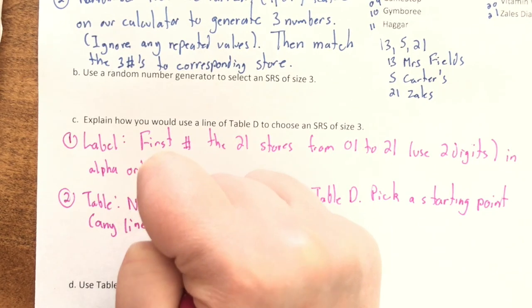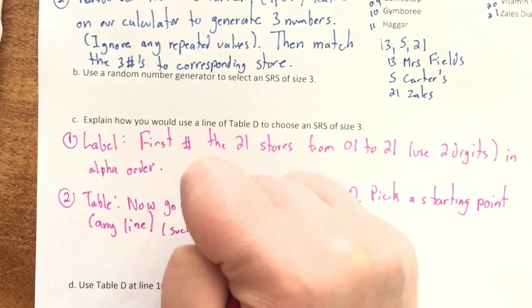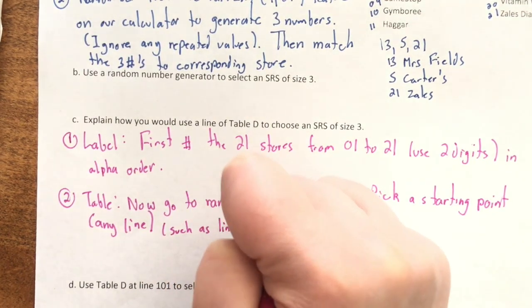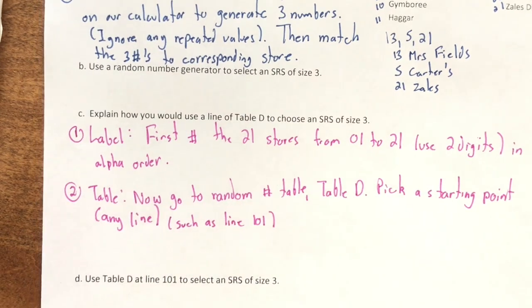So when you're doing a quiz or a test, tell me which line you're going to start at. Say I'm going to go to random number table D, and I'm going to start at line 101. Okay?